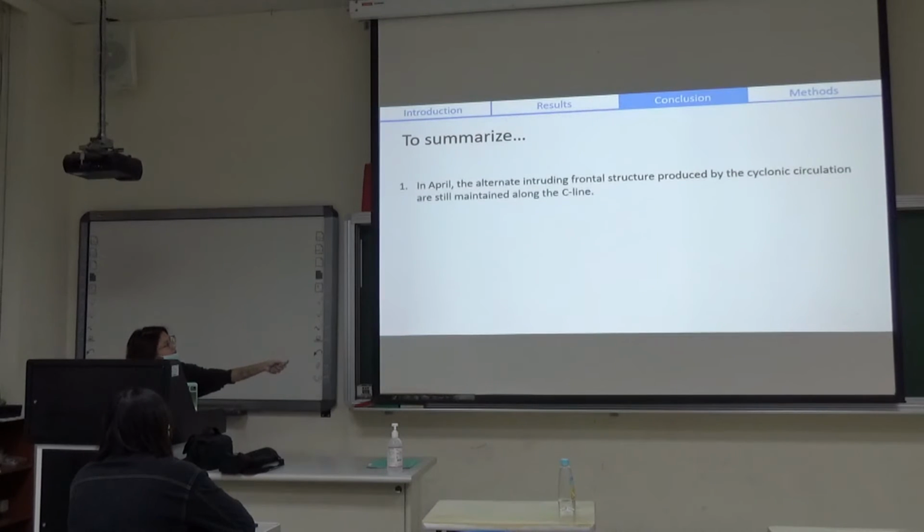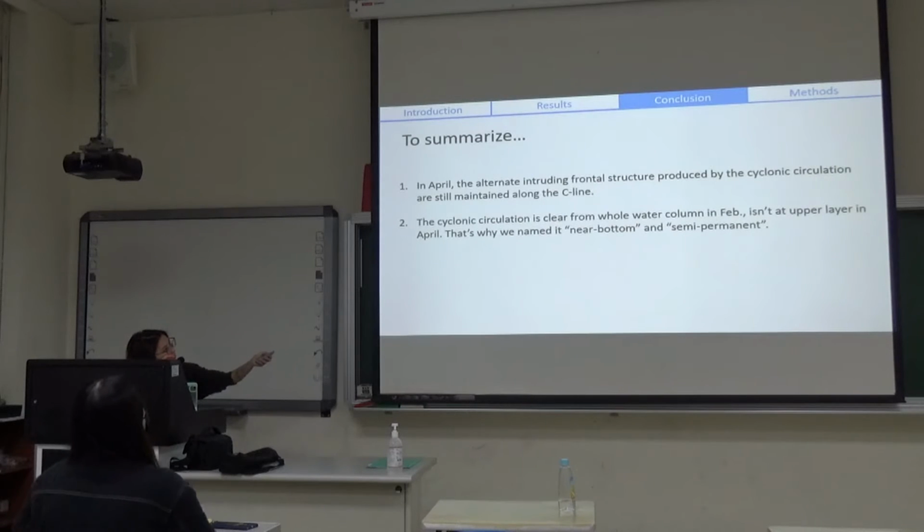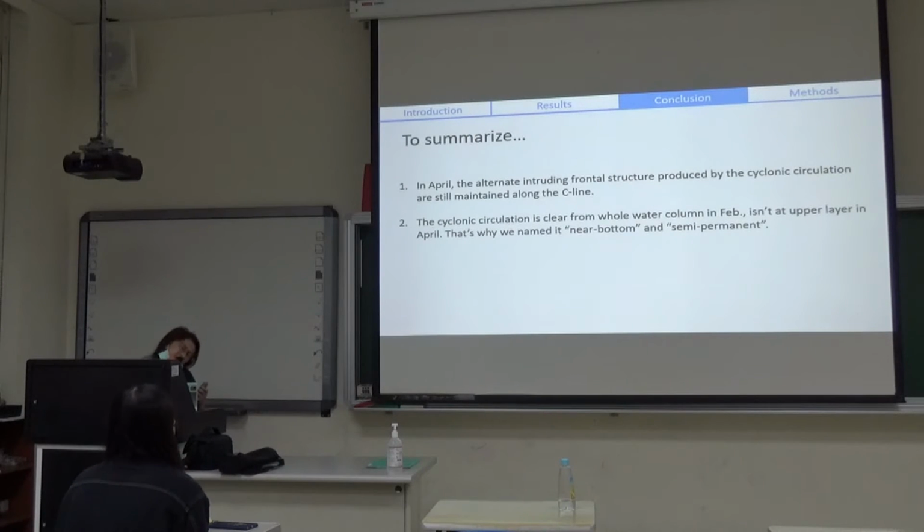To summarize, in April the AFS is still confined along the sea line in both seasons, and is produced by the cyclonic circulation. The cyclonic circulation is clear in the whole water column in February, but isn't in April.